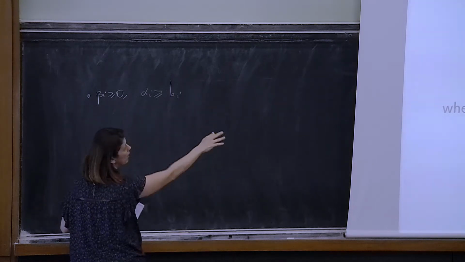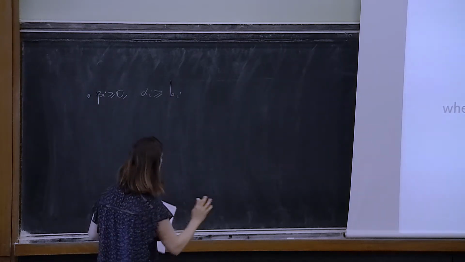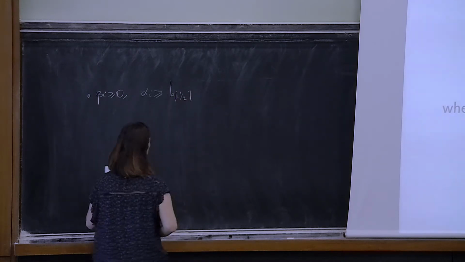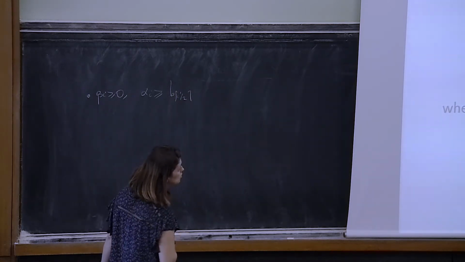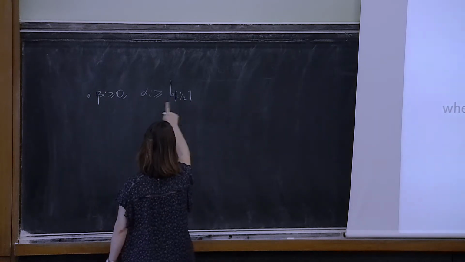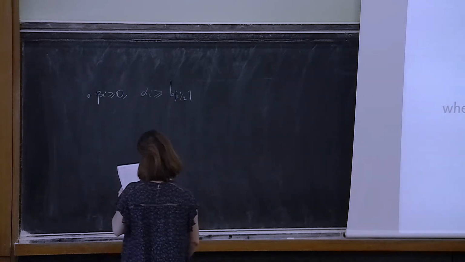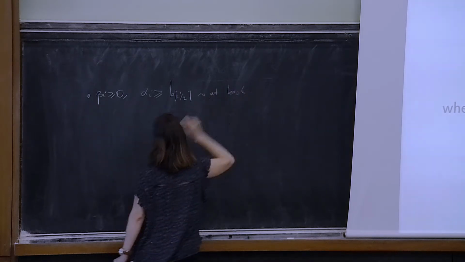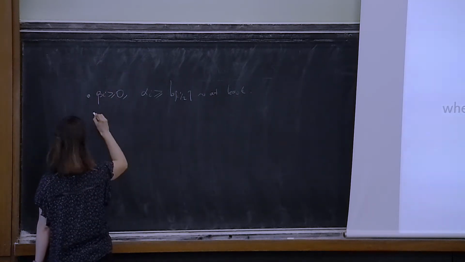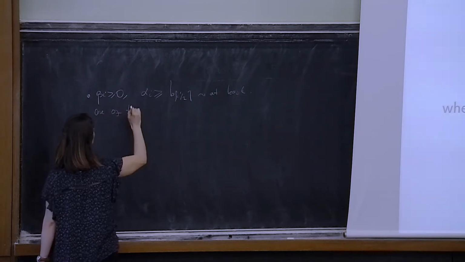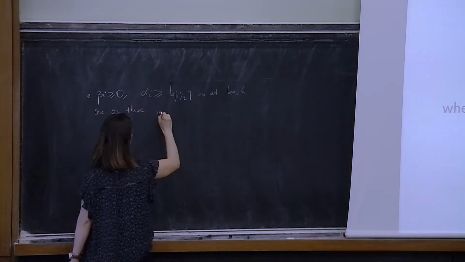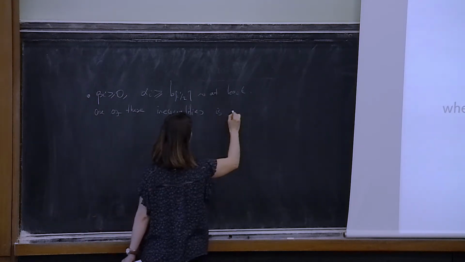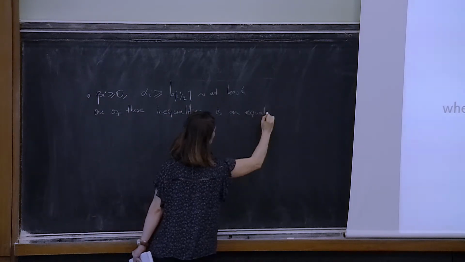And I'm going to talk about the geometric interpretation of these coordinates in a while. This is the smallest integer which is not less than I over 2. And at least one of these inequalities is an equality.